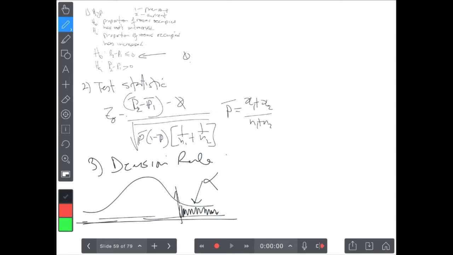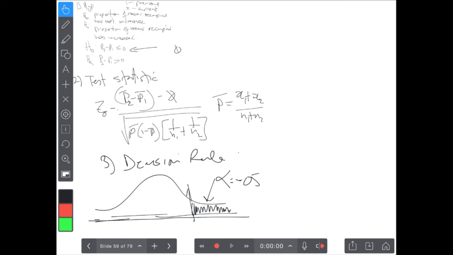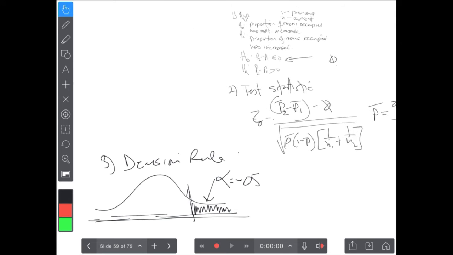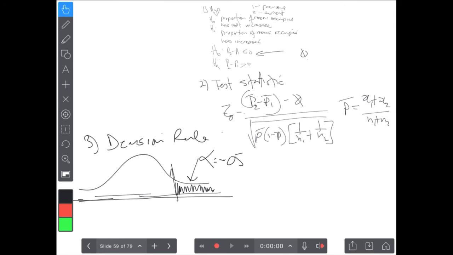This area is alpha 0.05. Since we're dealing with the normal distribution, Z critical should be 1.64, which means that if my Z value is greater than or equal to 1.64, I will reject the null hypothesis.